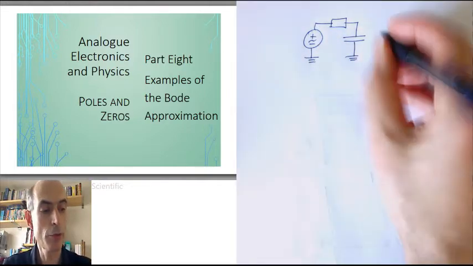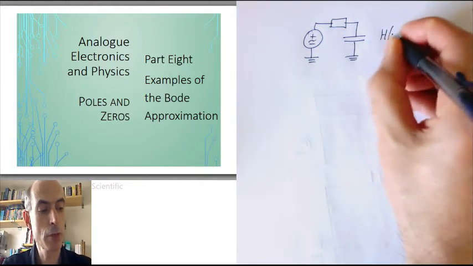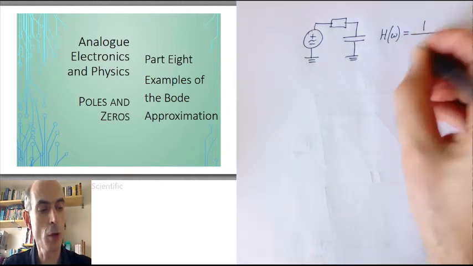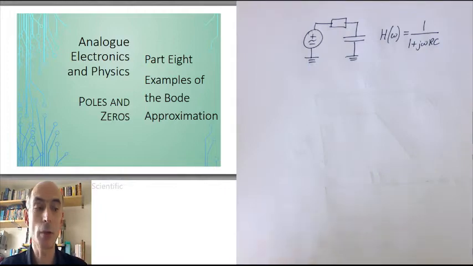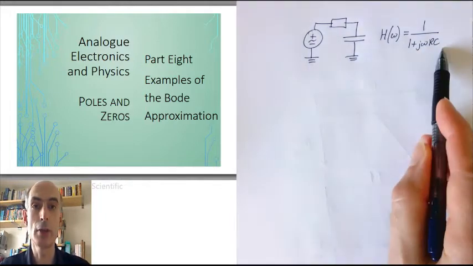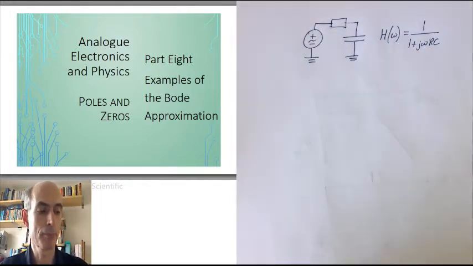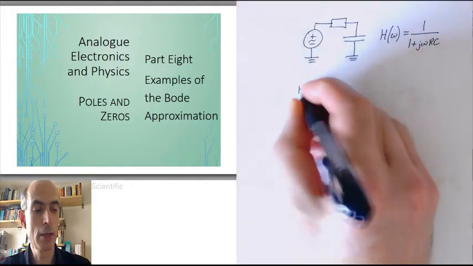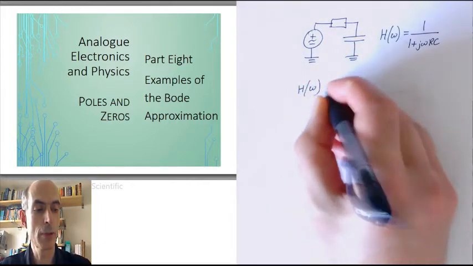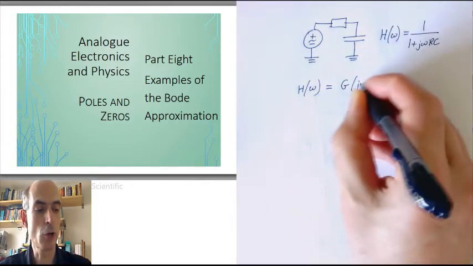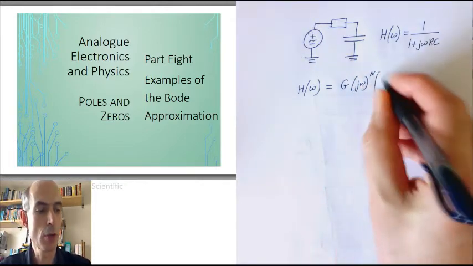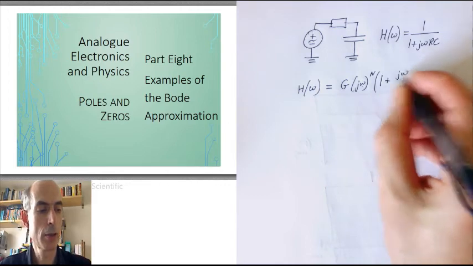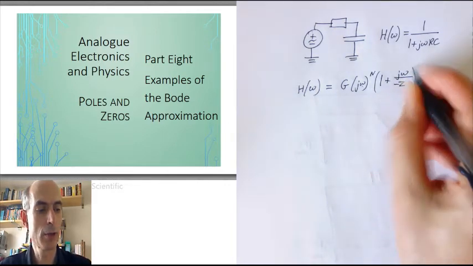And for that, we found that the frequency response was 1 over 1 plus j omega RC. It's quite straightforward to get this expression into the general form. Reminder, the general form is H of omega equals G times j omega to the power of n. These are the zeros at 0 hertz. 1 plus j omega divided by minus z, and so on.